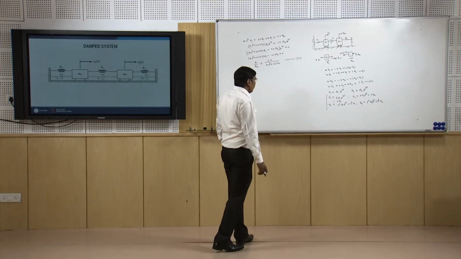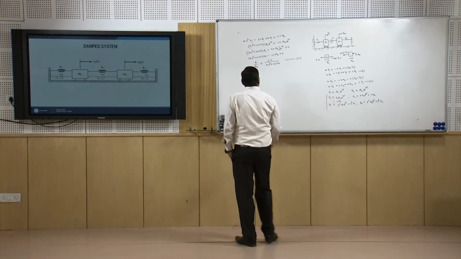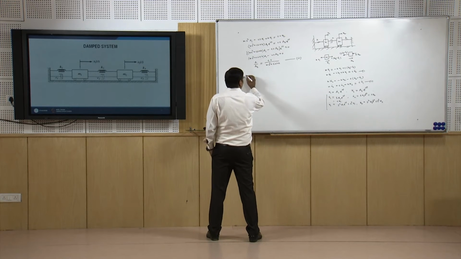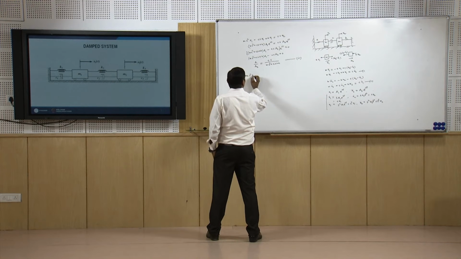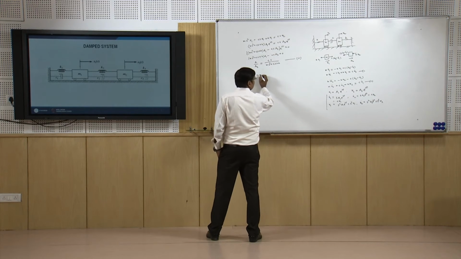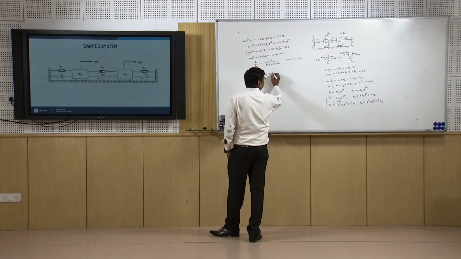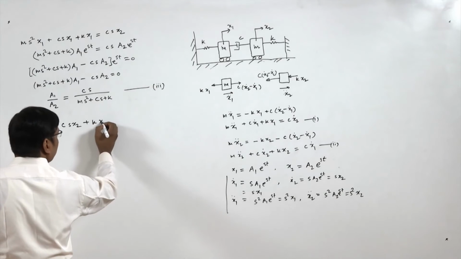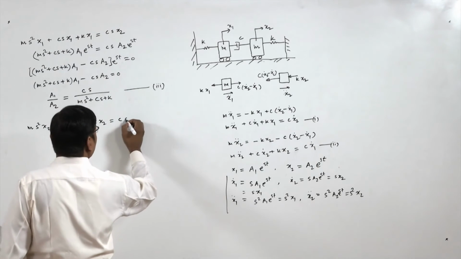Now, we put these values in equation number 2. So, we get m x2 double dot, which is s square x2, plus c x2 dot, which is s x2, plus k x2 equal to c x1 dot, which is s x1.